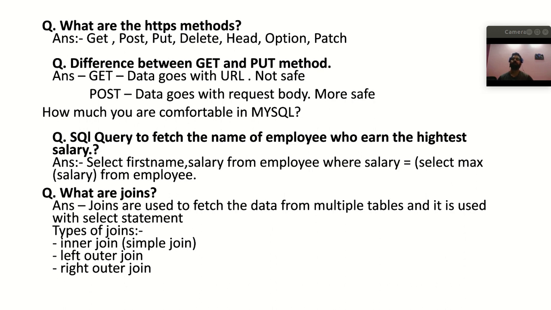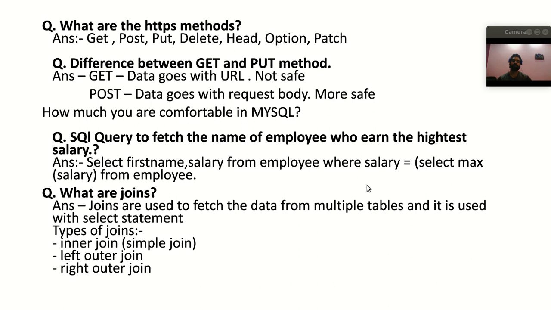Now the next question was from MySQL, actually an SQL query. He asked me to write a query to fetch the name of the employee who earns the highest salary, right? So you can do this by writing SELECT first_name, salary FROM employee WHERE salary equals, and then you use a subquery: SELECT MAX(salary) FROM employee.